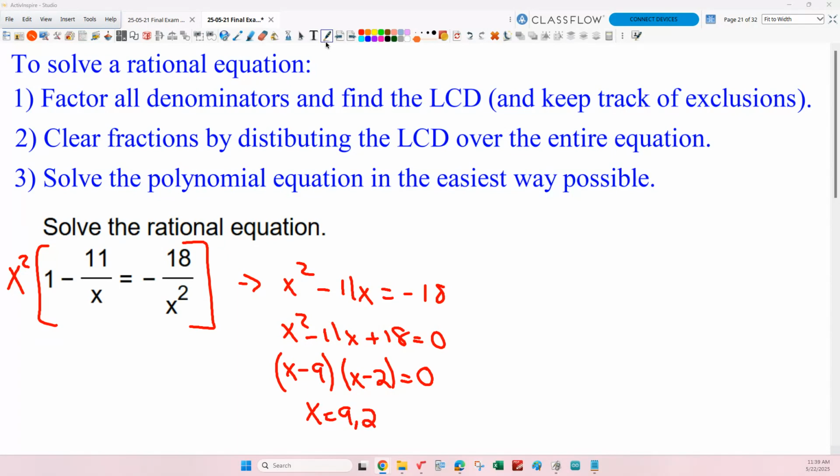And then would I have any excluded values? Yep, 0, right? Because I have these in the denominator. Does that make any of my solutions invalid? No. Because we just have 9 and 2. Okay. Doing okay?